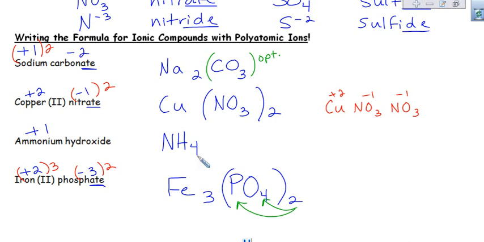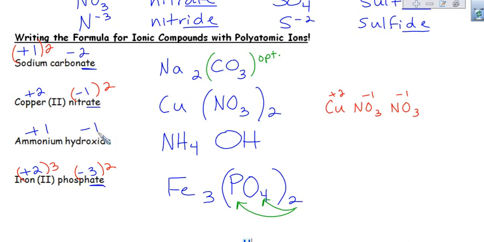Hydroxide is also a polyatomic. It doesn't end in ATE like most of them do, but its symbol is OH. So people usually get this one right because it's hydrogen and oxygen. And you can look it up on your chart, and the charge is -1. And so guess what?